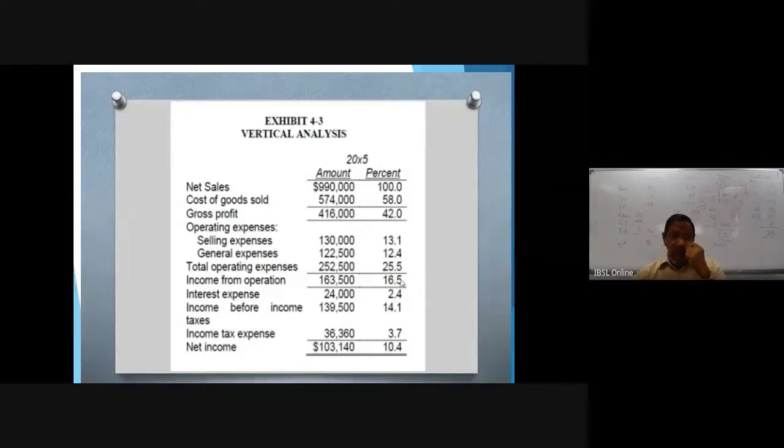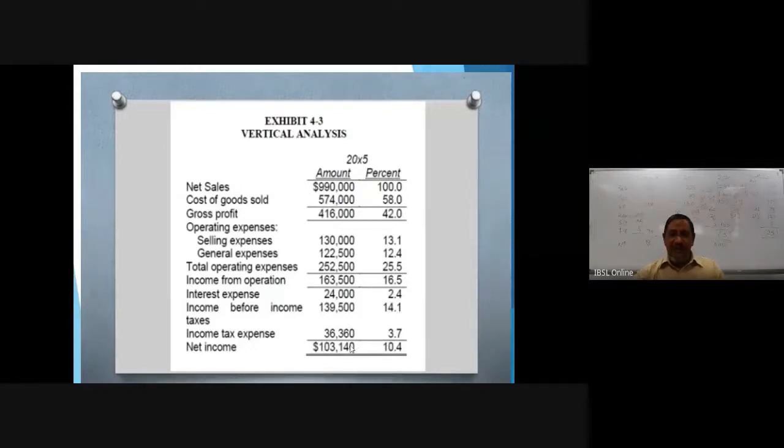The interest expense is 24,000. That is 2.4% of the sales. Right, 163,500 minus 24,000 is 139,500. That is 14%. That is income before income taxes of 14%.